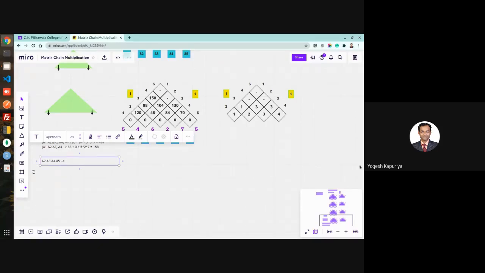The first option is you put the parenthesis after A2. Second option is after A3. The third option is after A4.